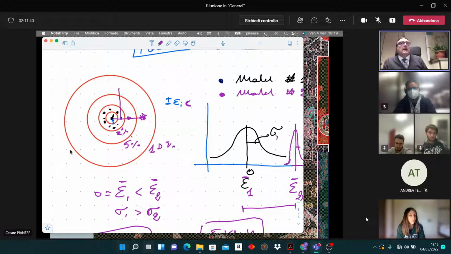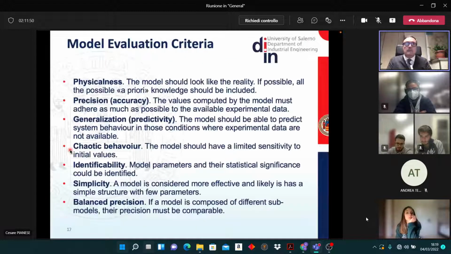Okay, and an accurate model with less precision could have a problem with chaotic behavior. But I've just given a very trivial example.